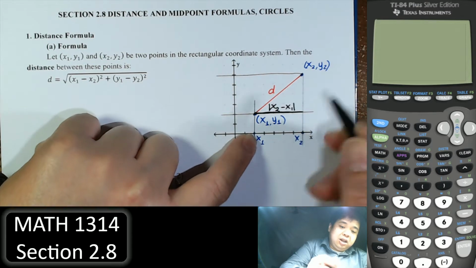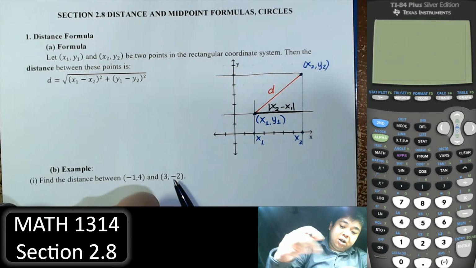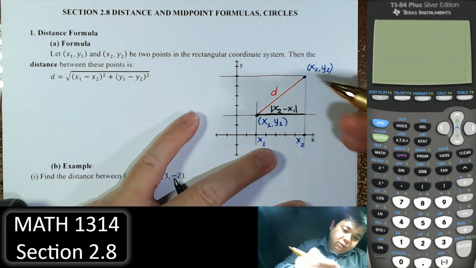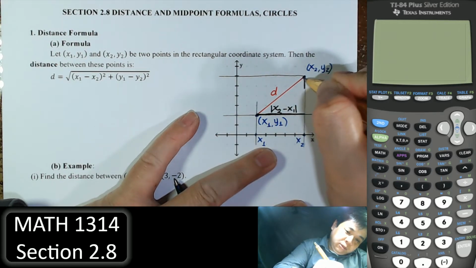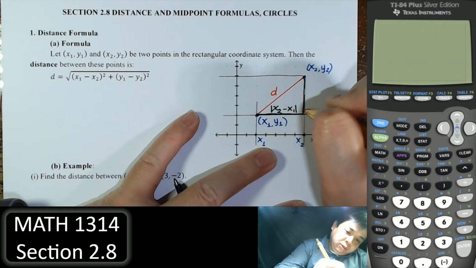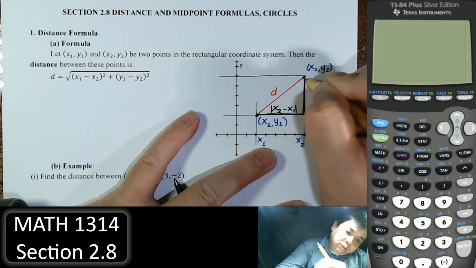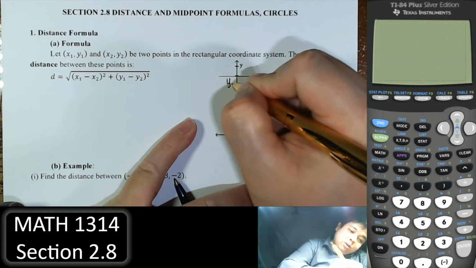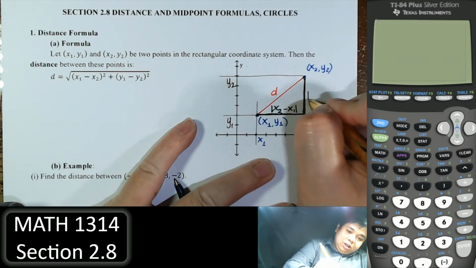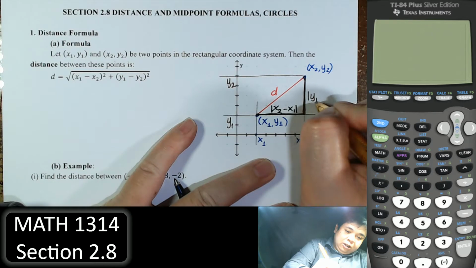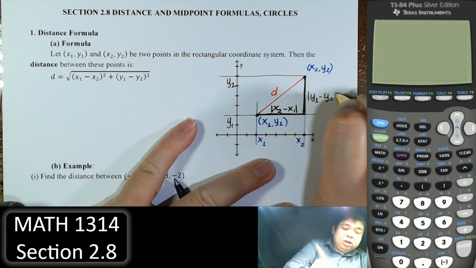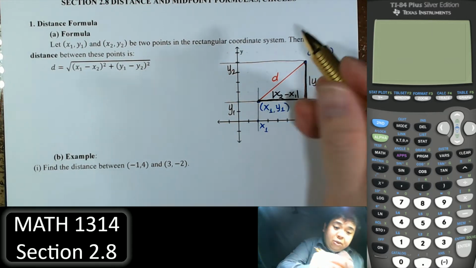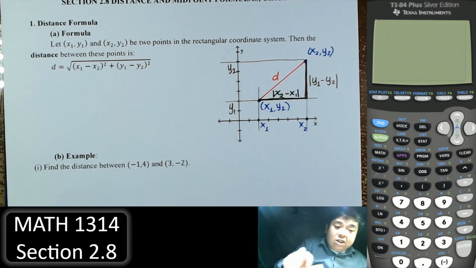Now likewise, this will be the distance of the y values. Here we have y1 and y2. So this distance is y1 minus y2. I put absolute value to guarantee that it's going to be positive, or at least 0.